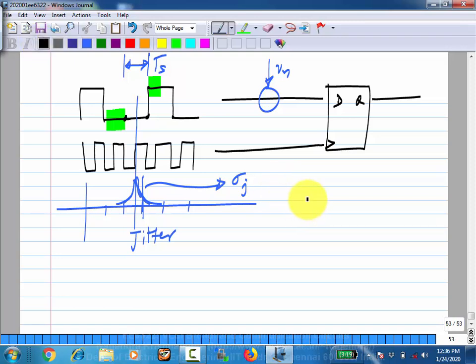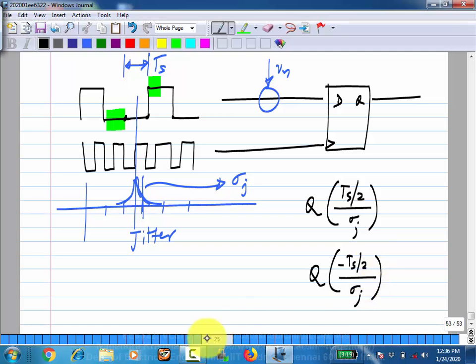Q of Ts by 2 divided by sigma j, okay? And similarly, it going off to the left and to the wrong bit interval is Q of minus Ts by 2 by sigma j, okay? These two are the same, but whatever it is, then what is the probability of error?